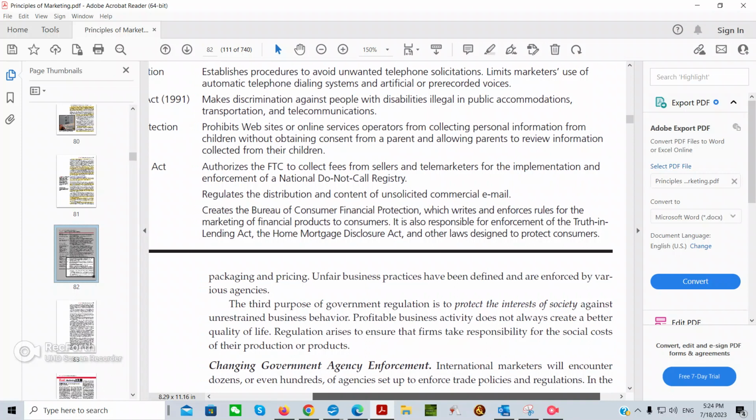Unfair business practices have been defined and enforced by various agencies.